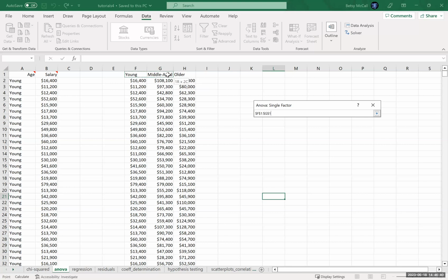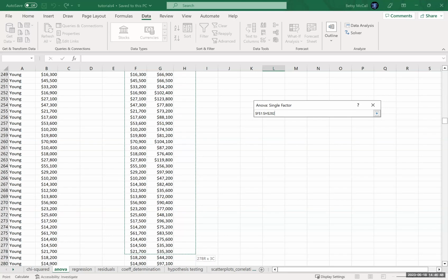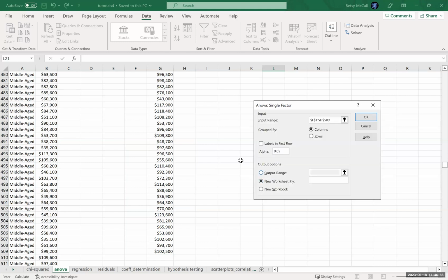We actually have to highlight down to the bottom of the longest column. I did highlight the labels in the first row, so I'm going to check that box. These are organized by columns. You can organize your data by rows if that's how your data is set up, that's fine.